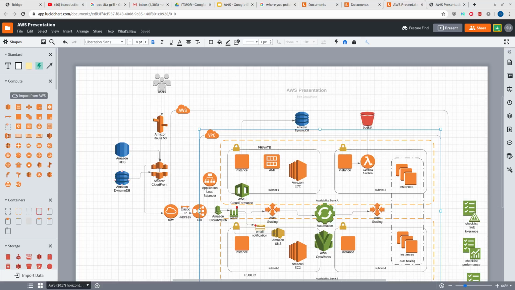It can deliver videos and applications. It has very low latency and high transfer speed.